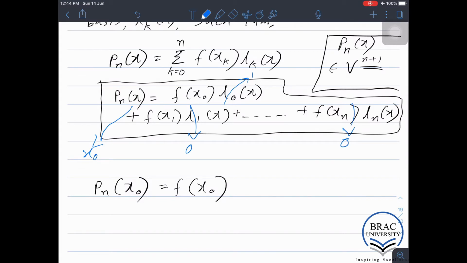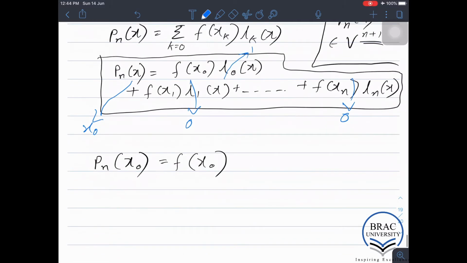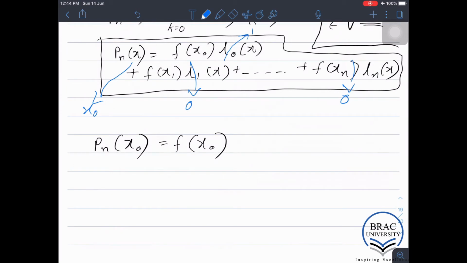Only then you can get f of x0 out of here. So this implies that L0 of x0 is equal to 1 and L1 of x0 is equal to 0, and so on and so forth. All the rest are zeros.